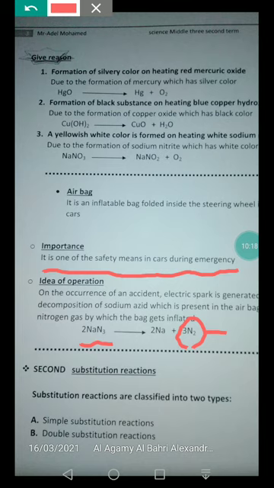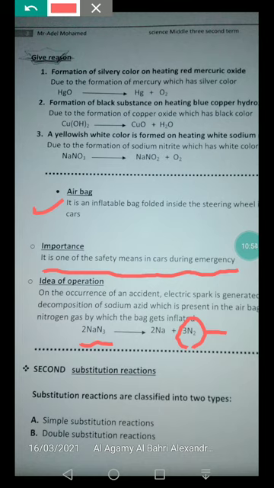This nitrogen gas causes the inflation of the airbag, protecting the driver from injury. So in this way, the airbag is considered an application of the decomposition of a compound. These are the types of thermal decomposition, or the examples which we studied in this lesson of the thermal decomposition reaction. This is the first type of chemical reaction.